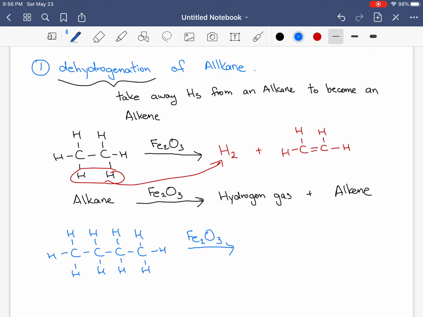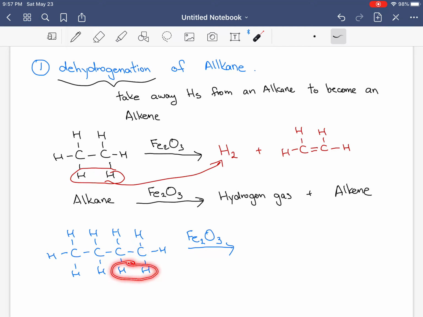All right, so here it is. Dehydrogenating butane. So what are we going to get? Remember, to do this, you take away hydrogens from adjacent carbons. These are not adjacent carbons. These two hydrogens are not going to get together because it makes no sense for them to get together. These are adjacent carbons.